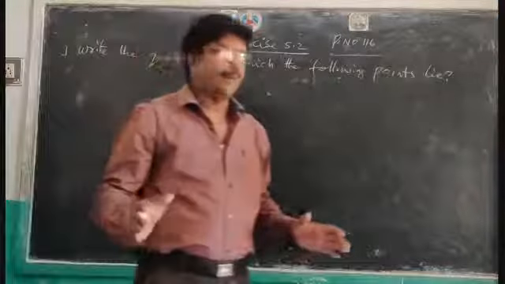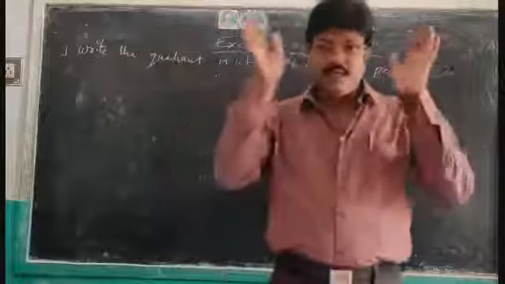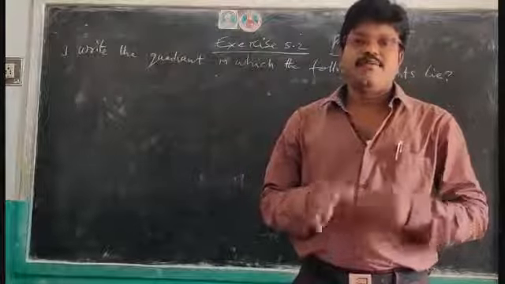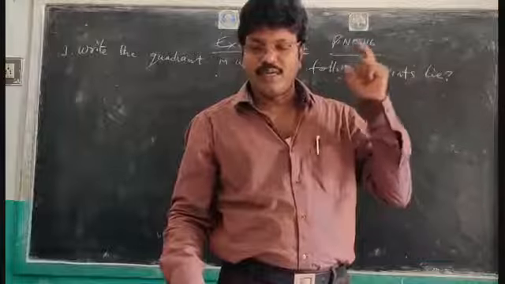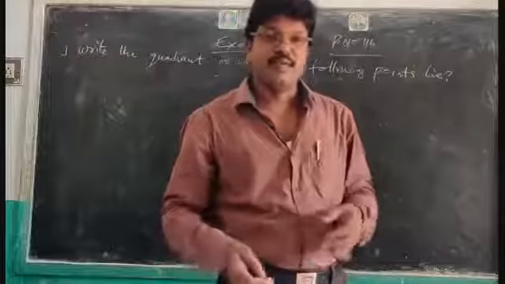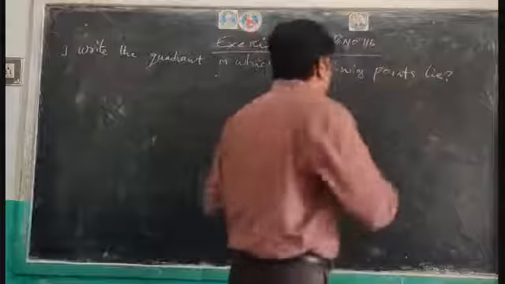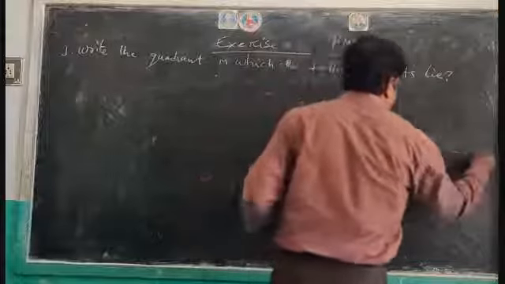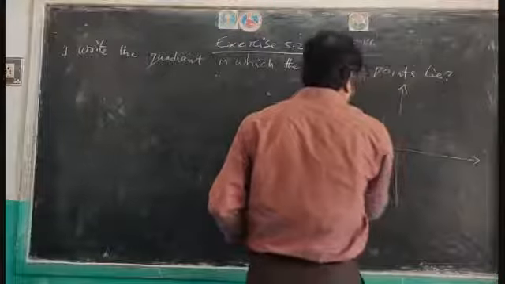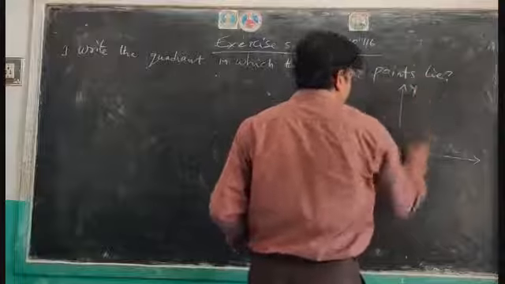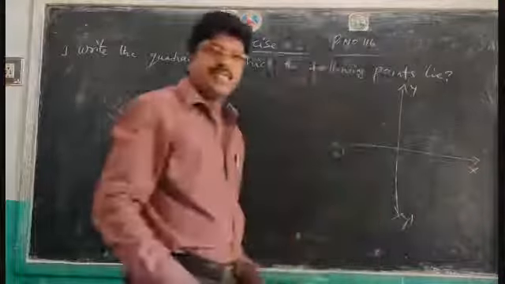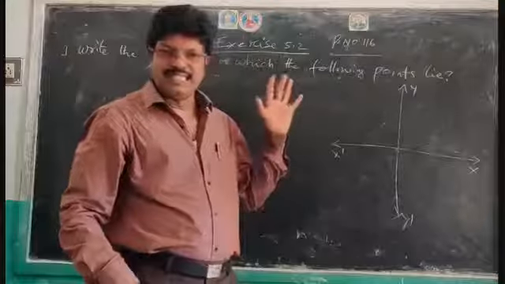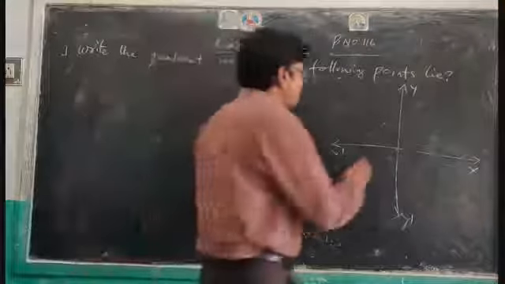So mainly in coordinate geometry, if any topic is moving, immediately open your e-notebook. Again, I draw a rough diagram of Y dash, X dash. Save all these in your e-notebook.